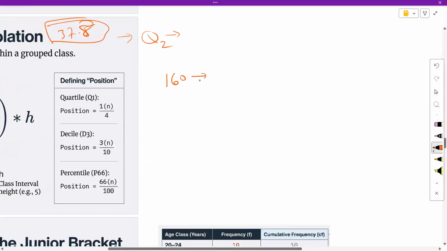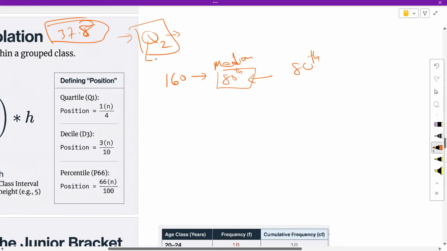The 80th person will be the middle person, the median. First we have to calculate the position. Here, what is the position? 80th person, if you want to apply Q2.